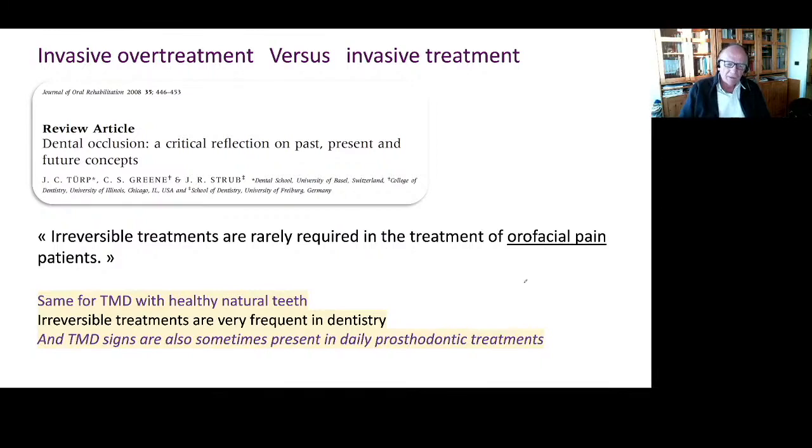You put in an implant, you make a hole in the bone. Dentistry is always invasive. So it is not a problem for the dentist to make an invasive treatment. The problem for the dentist is to make an invasive treatment on a patient who does not need treatment.